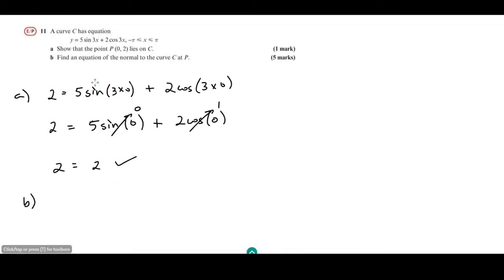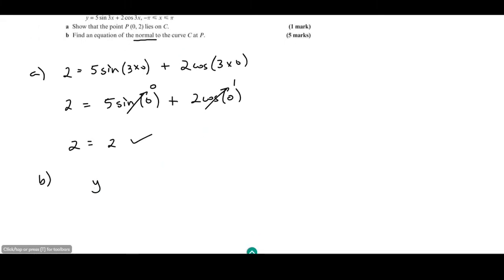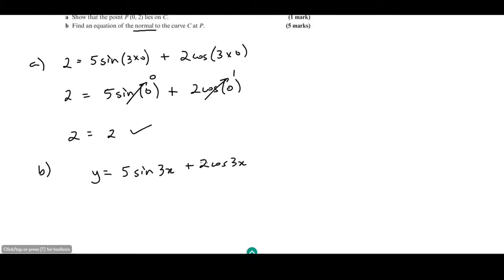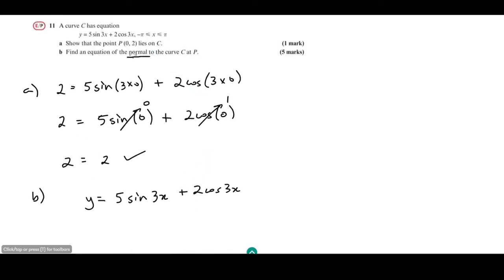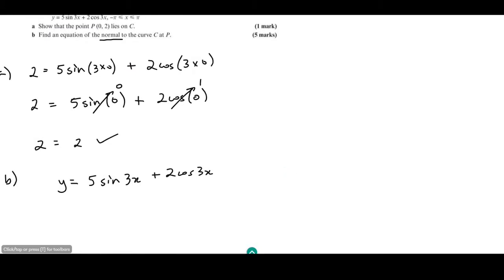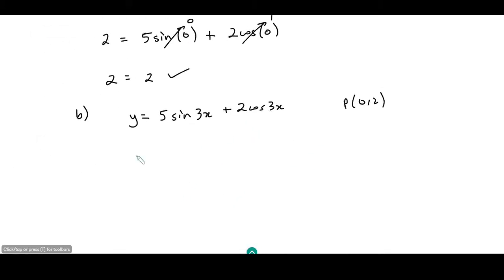Part B is find an equation of the normal to the curve C at P. When we're finding tangents and normals, let's first find the gradient at the point at which they want us to find the tangent or the normal. So we have P(0, 2). dy by dx would be 15 cos 3x minus 6 sine 3x.